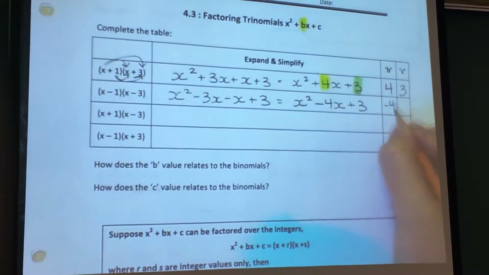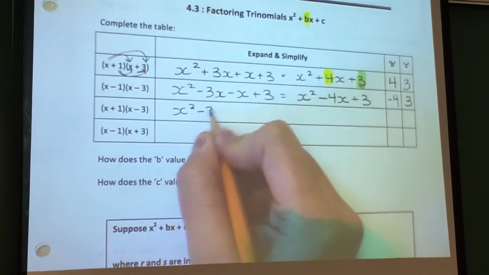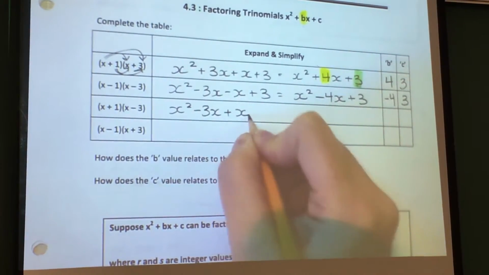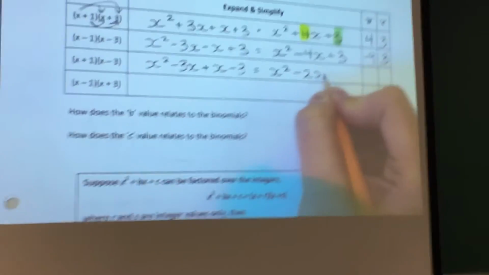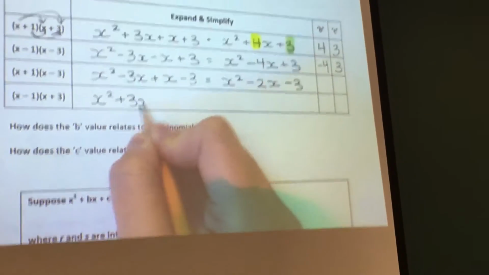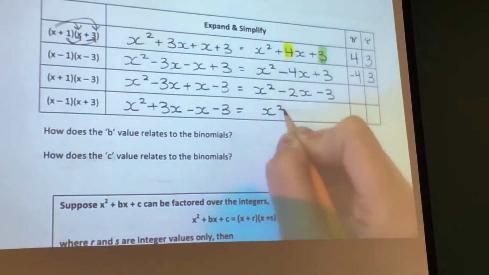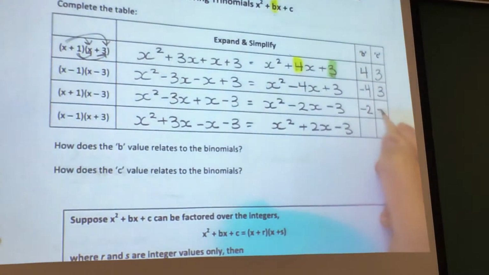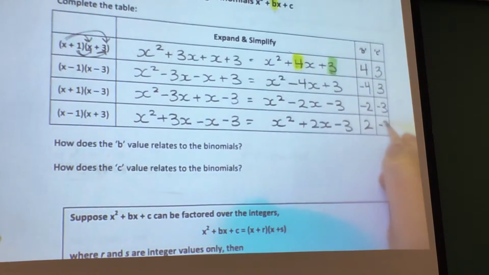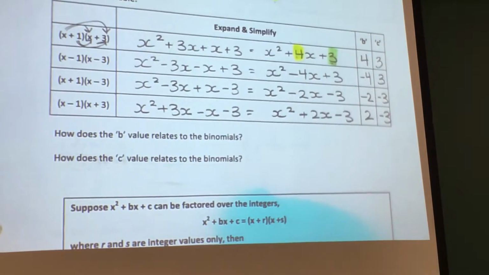Okay, now I have minus 4 and 3. Okay, and we're doing the same thing all the way down.